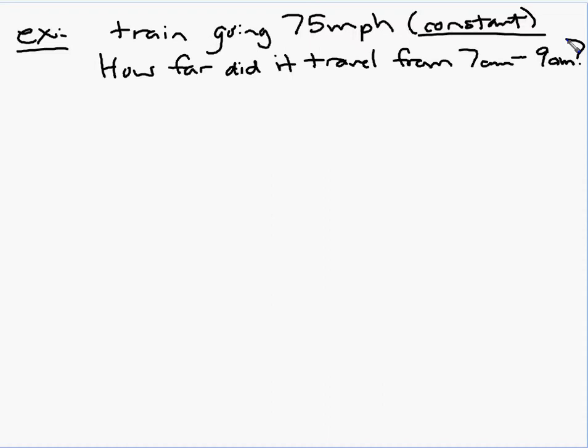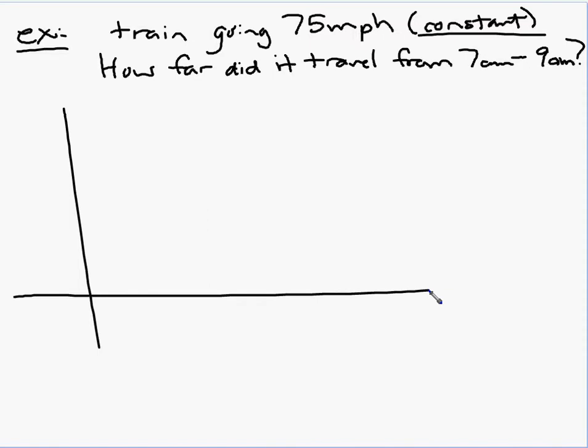So let's draw a little graph here. And if you remember, which one of these two axes is velocity? This one. Yes, this is velocity. And what's the x-axis if we're talking about velocity? It's time.